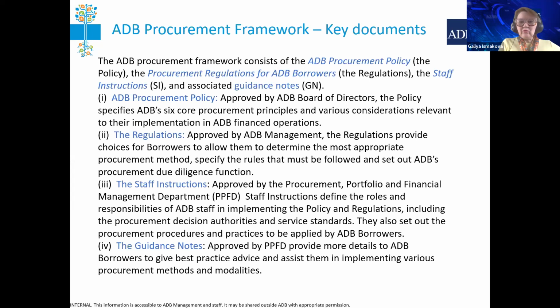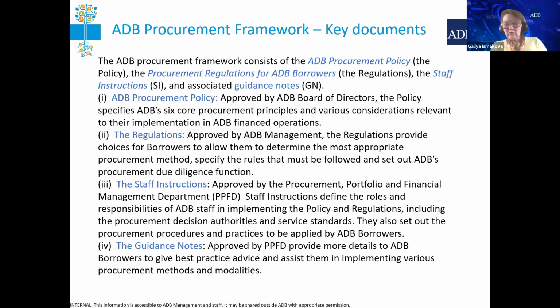So the ADB procurement framework was adopted in 2017, so 5 years ago. It consists of the ADB procurement policy, the so-called policy, and procurement regulations for ADB borrowers, or regulations. We also have associated staff instructions and guidance notes.